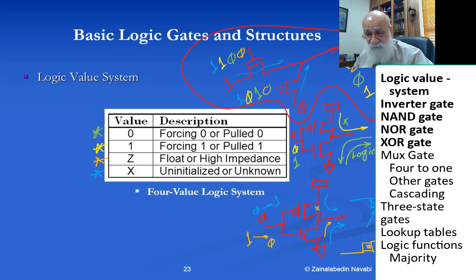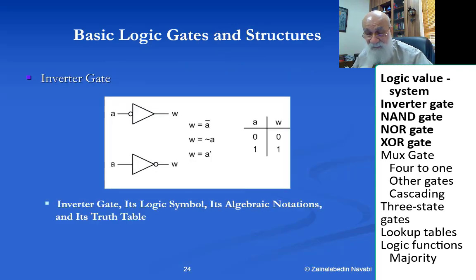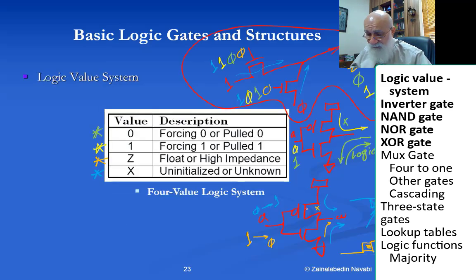Okay, so let's go on to the basic gates, and in some gates I'll be showing that we use that. Here I have an inverter, and the inverter is built with a PMOS and an NMOS transistor. And inside an inverter, like I said, there is a pull-up transistor like this one. There's a pull-down transistor like this one over here.